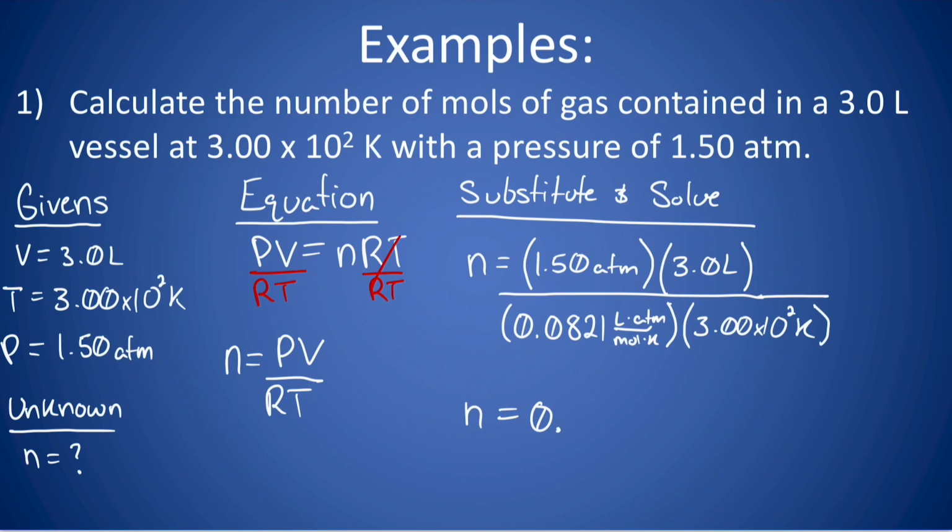And we get an answer of 0.18 moles of gas. We're rounding to two significant figures because we are multiplying and dividing, and our lowest total sig figs is 2 from the 3.0.